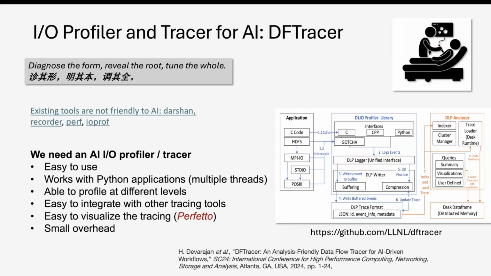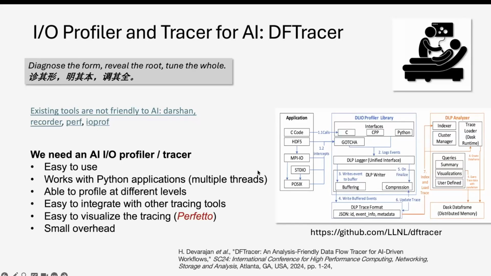I won't go into too much detail on why we developed this I/O profiler, because there are already some I/O profilers available, like Darshan, Recorder, and even many I/O probes provided by the Linux operating system. Primarily, this is for Python workloads, and it's very easy to use.